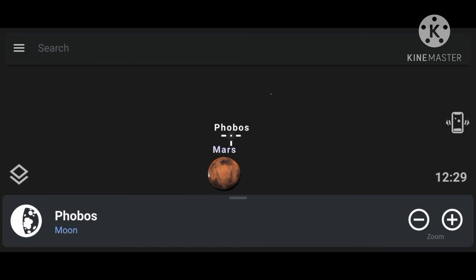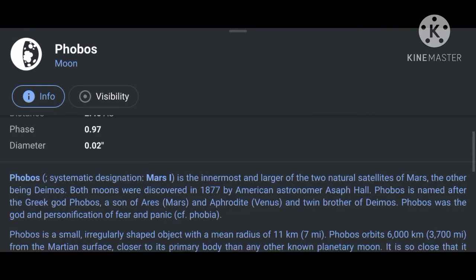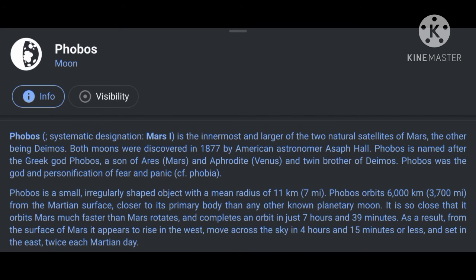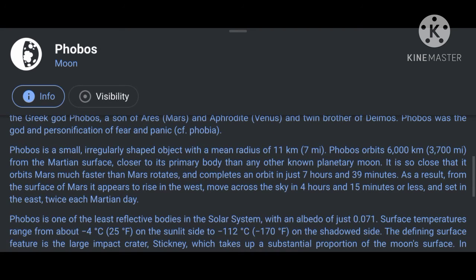How about Phobos? It is also not possible to zoom in. However, Phobos is named after the Greek god Phobos, son of Mars and Venus, together with his twin brother Deimos. He is the god and personification of fear and panic.